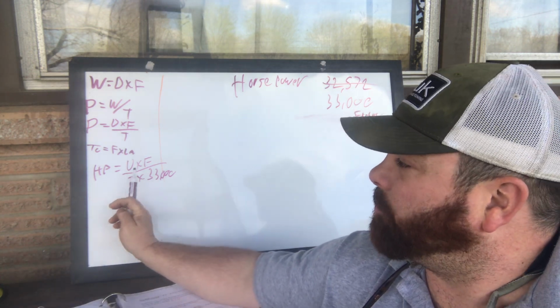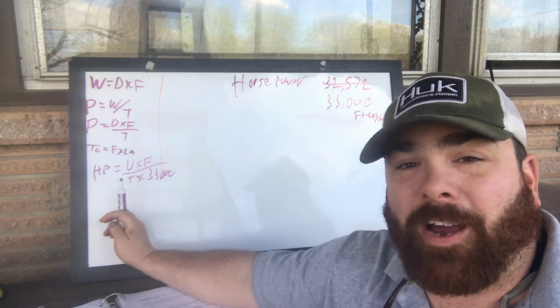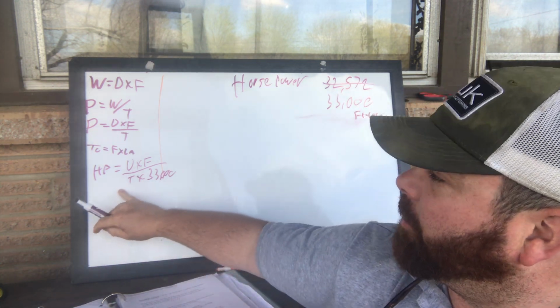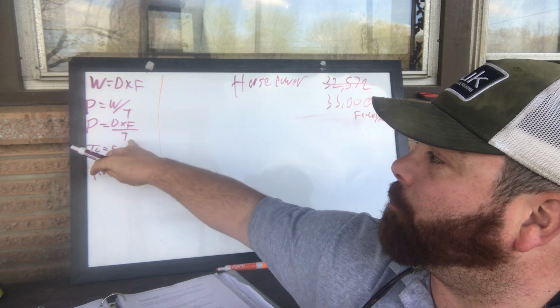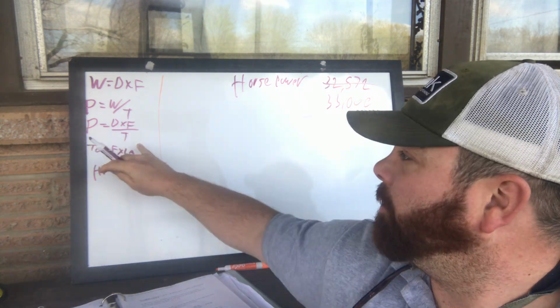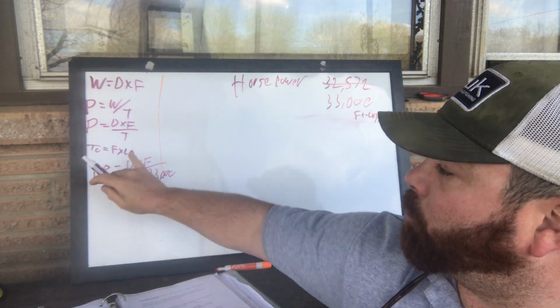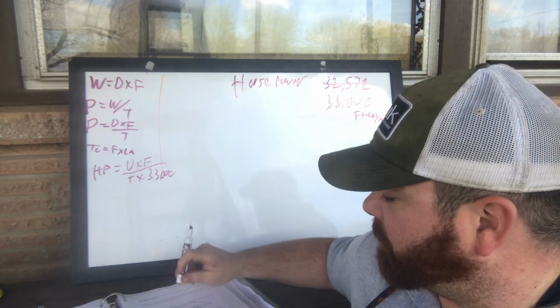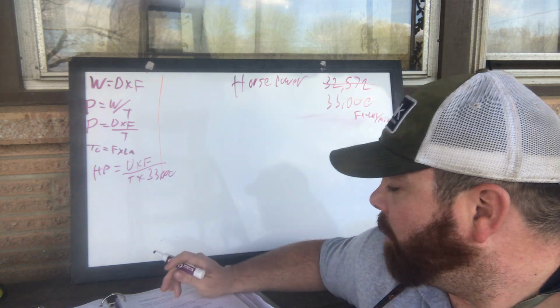So horsepower equals D times F divided by the quantity T times 33,000. If you look, it's literally the exact same thing as our power equation. We just multiply the denominator times 33,000. Pretty straightforward, simple math.